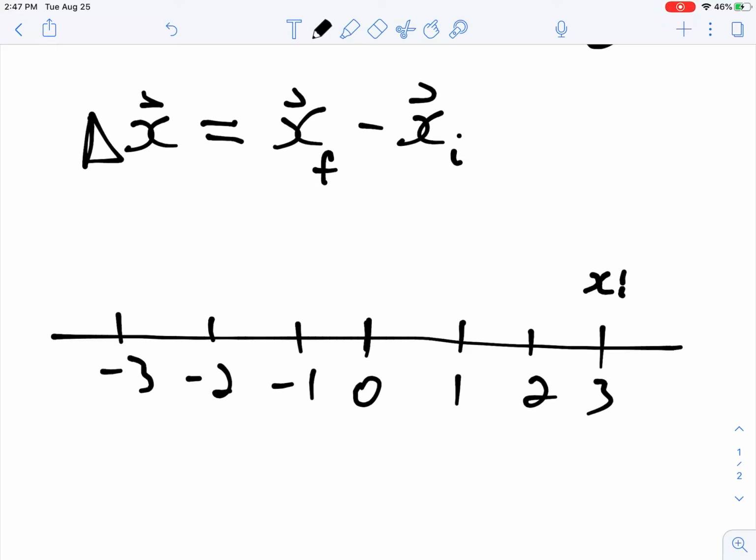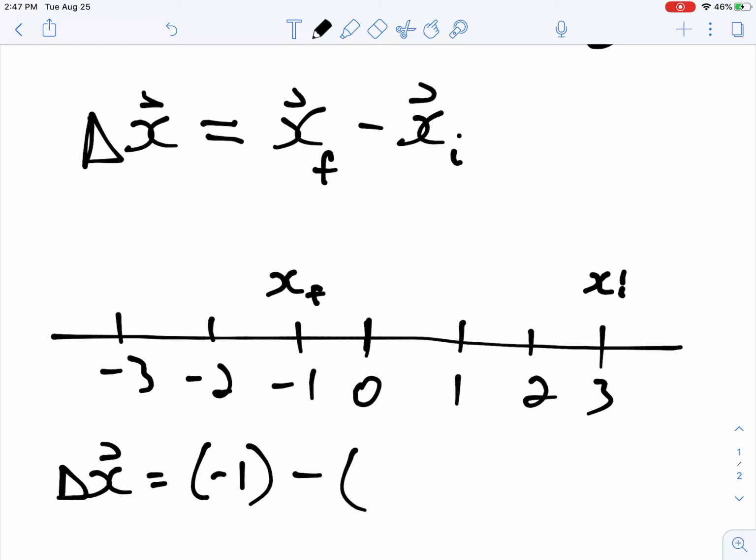Let's say that my final position is -1, and we want to determine the displacement. My displacement is going to be my final position, which is -1, minus my initial position, which in this case is 3, which gives me a displacement of -4 units.